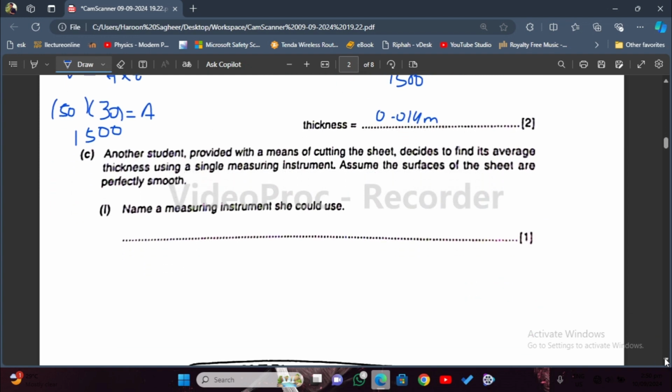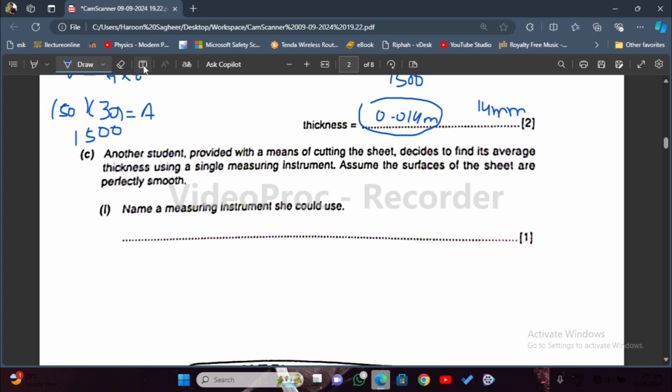Anyhow, let's go to part C. Another student, provided with no means of cutting the sheet, decides to find its average thickness using a single measurement instrument. Assume the surfaces of the sheet are perfectly smooth. Since the sheet is so thin, it's basically in the millimeter range, which is a very small measurement.